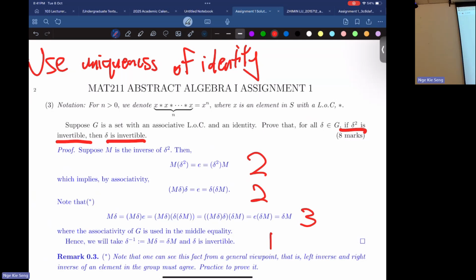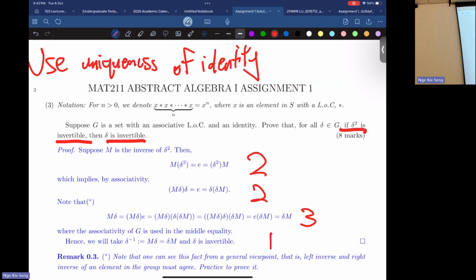Here, one is m delta, the other is delta m. If you can show that they are the same element, that is exactly the inverse. So you just need to show that m delta equals delta m, then we finish the job. Or some of you just go and check.